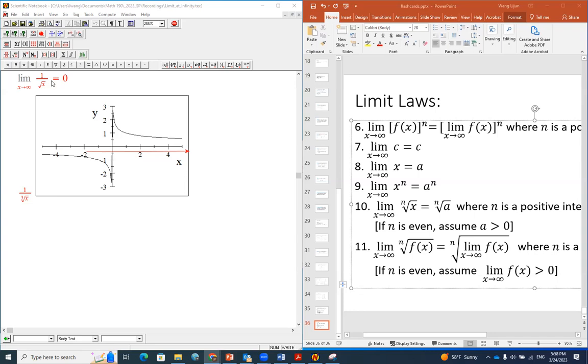For example, how about this question? We want to evaluate this limit. I'm going to make it example number 1.